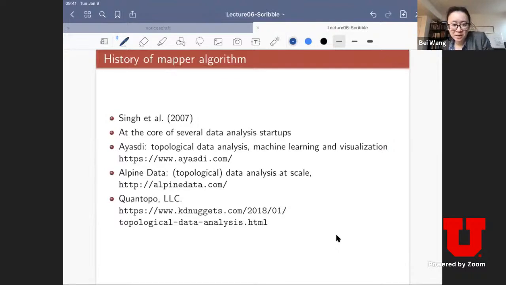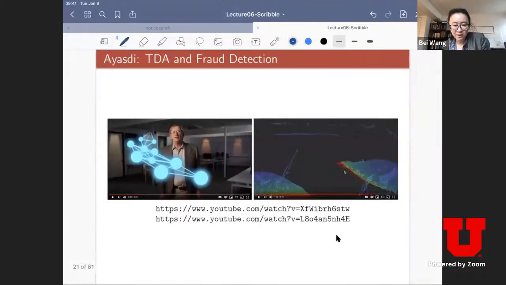There's also another company, and I'm not sure what the fate of it is. But the idea is that there's enough interest from the industry in looking at this, because it has appeared to be very useful in practice for looking at data of complex nature.